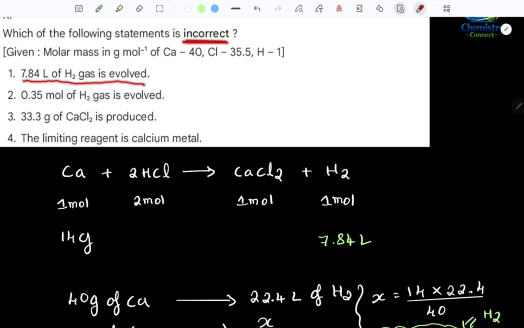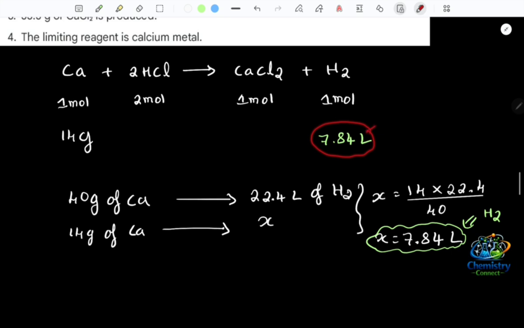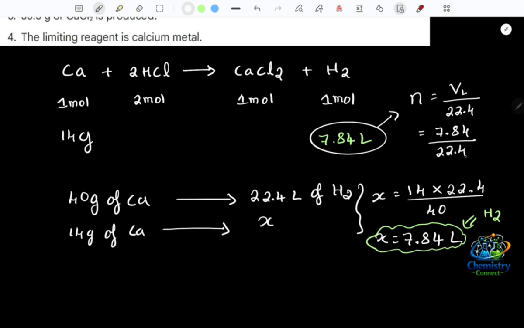They are asking which is the incorrect statement. Let us focus on the second one: 0.35 mole of H2 gas is evolved. Convert these liters into moles. Number of moles equals the given volume in liters divided by 22.4. That is 7.84 divided by 22.4.